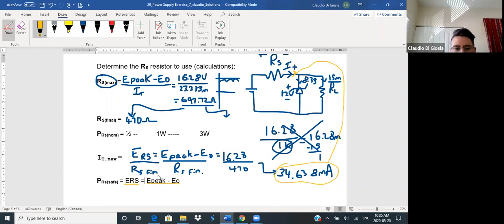So ERS, the bottom here, let's erase that. So I have 16.28. But I don't want to take a shortcut. I'm just going to put that in brackets for now. I'm going to multiply by IT new, and I'm going to multiply by the safety factor.